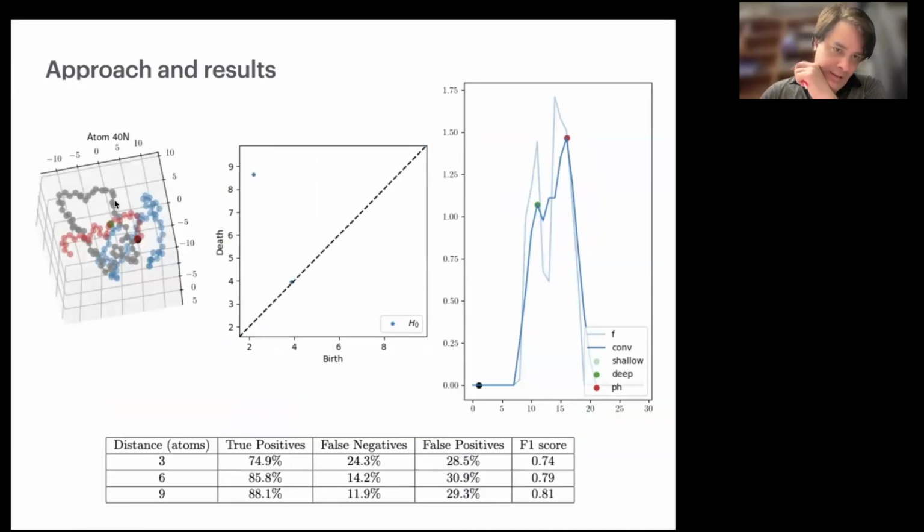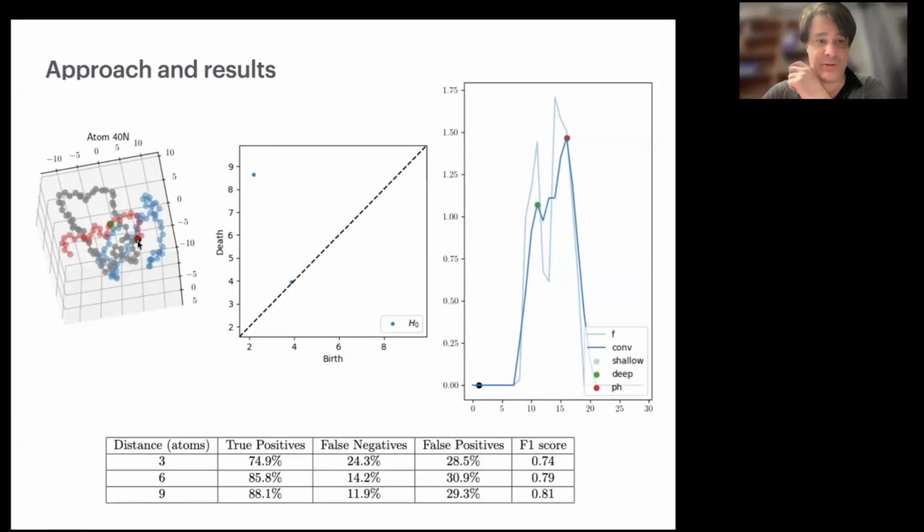These black points are part of the loop, and then we have two tails, the red tail and the blue tail. Here we show an animation where we compute the persistence diagram for each atom in the tail.